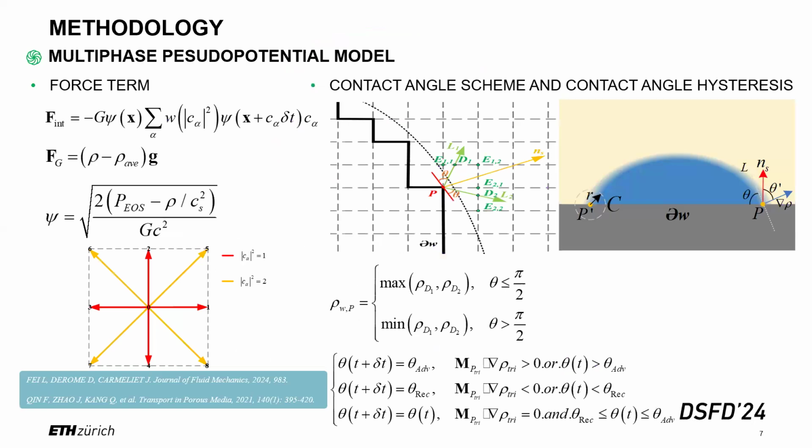And the interaction force and gravitational force are being considered. And we use the square root scheme for the shielded potential. And for the contact angle and the contact angle hysteresis, we use the geometric contact angle hysteresis scheme. And the details are shown in the papers.